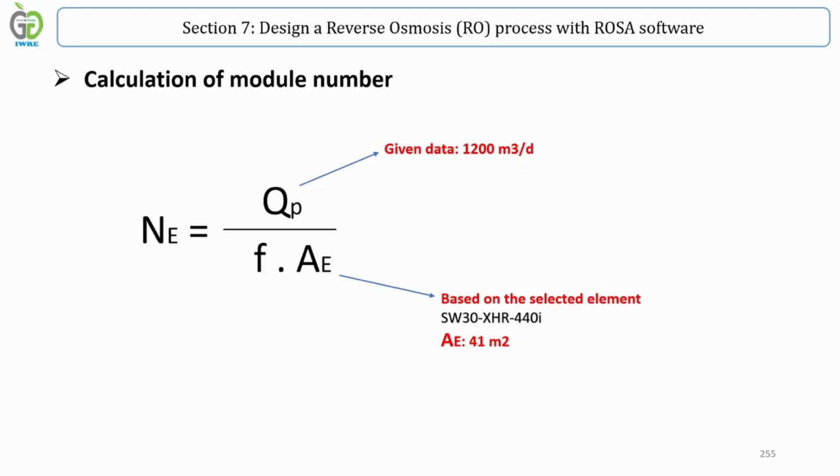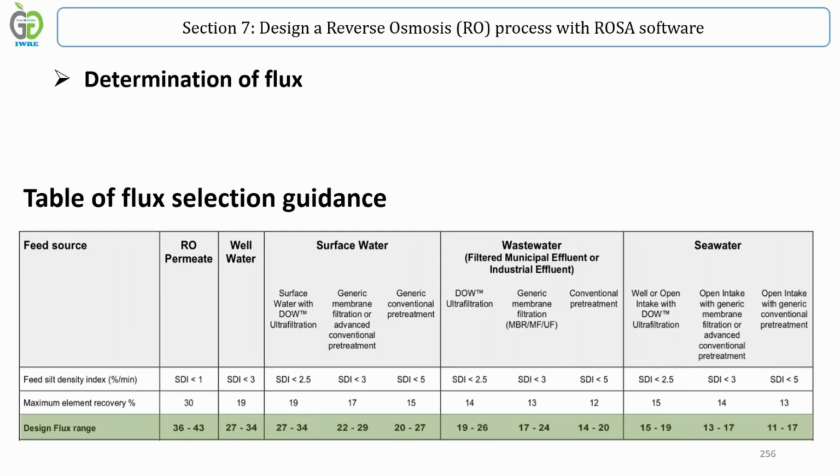To determine the F, you have to follow this table. In our case study, the feed water is seawater with SDI less than 3. The design flux range for this case is 13 to 17. And the maximum element recovery for this case study is 14.